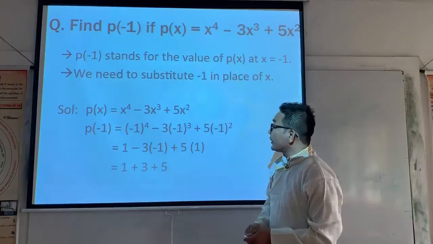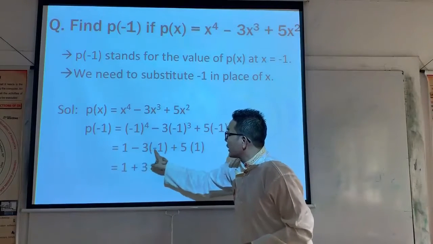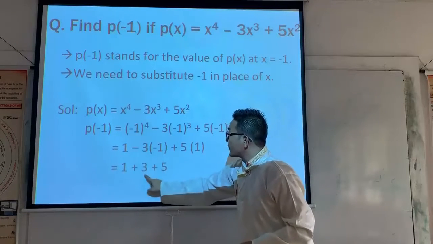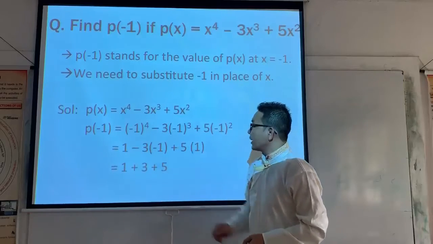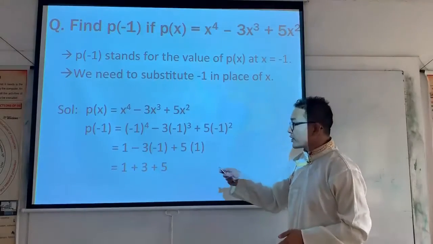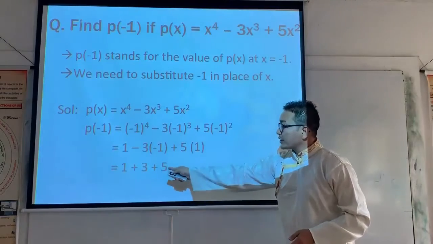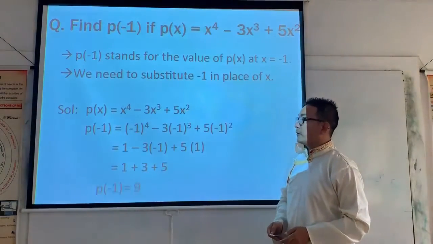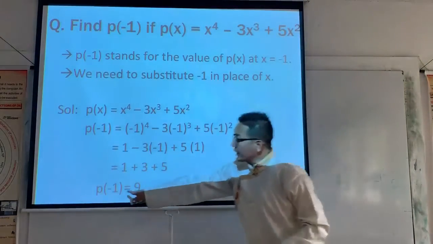That is 1 plus 3 plus 5, which is 9. So the value p of negative 1 is 9.